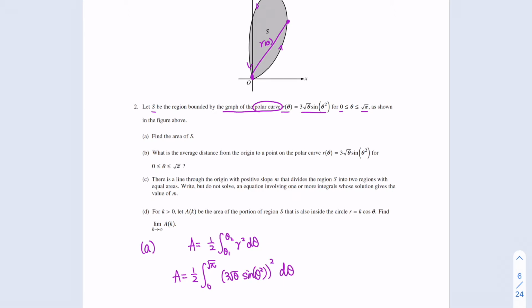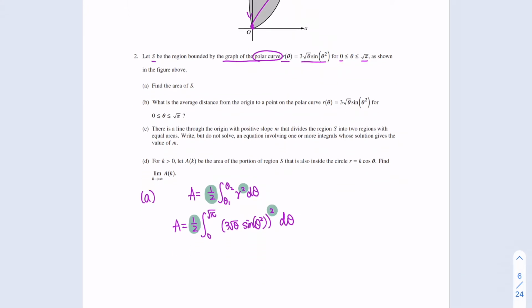Don't forget the squared and the 1/2 here. Now you can use your graphing calculator to evaluate this, and the answer you get will be approximately 3.5343. Once again, I want everybody to keep at least 4 decimals.